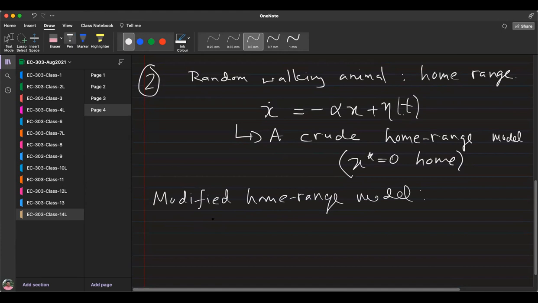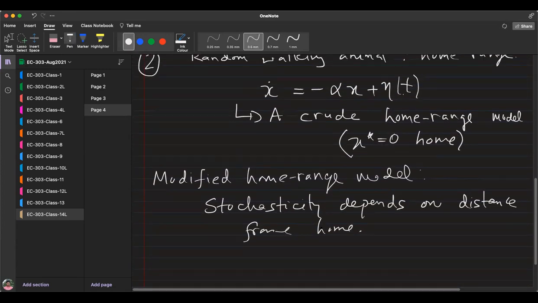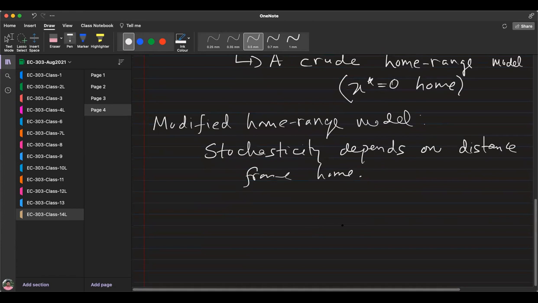Where stochasticity depends on distance from home. Now, what do you think is a reasonable form of such a stochasticity?